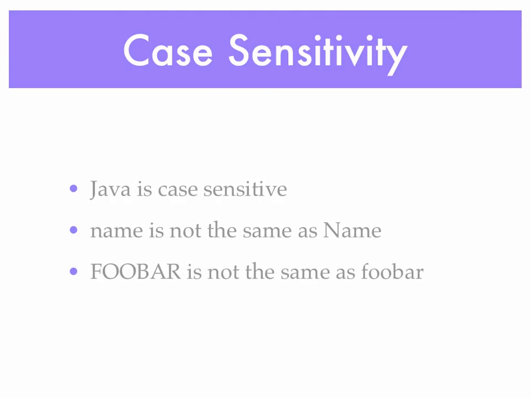When we deal with Java, we know that not only in the declaration of a class name, but always, Java is case sensitive. Name with a lowercase n, a-m-e, is not the same as Name, uppercase N, lowercase a-m-e. It's not the same. It's case sensitive. Foobar, all caps, is not the same as foobar, all lowercase. Okay?